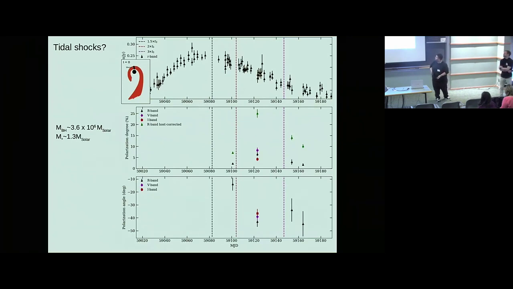At the peak polarization time, you assume that the host contributes a large fraction of the light, but it's unpolarized. Is that understanding correct? Yeah. I see. So it would be nice, as Short was suggesting, to go back now that this transient has faded and see whether the host galaxy is actually unpolarized or not, right?